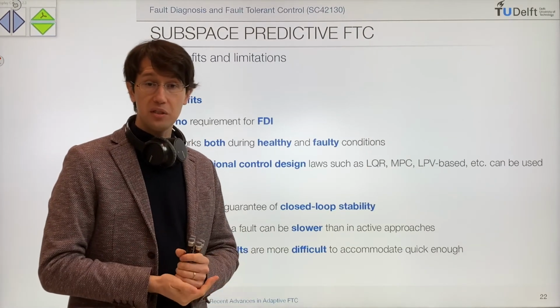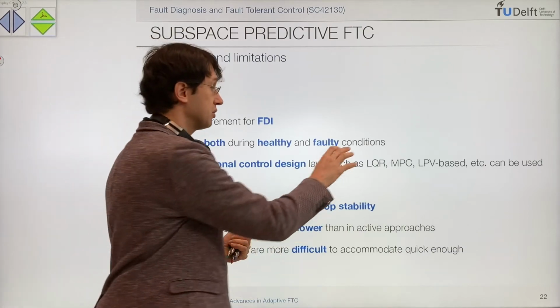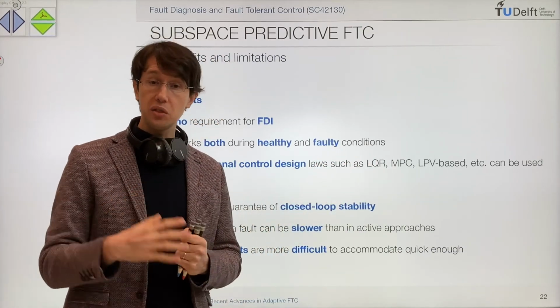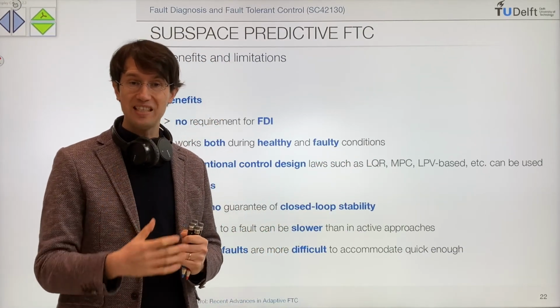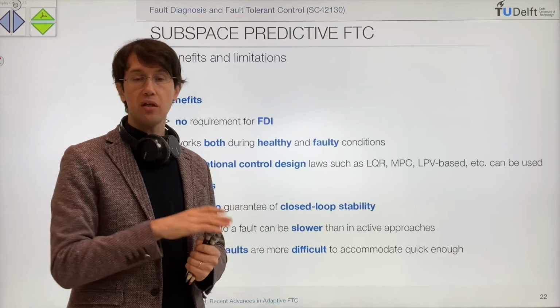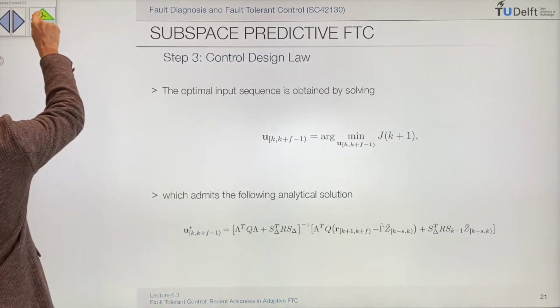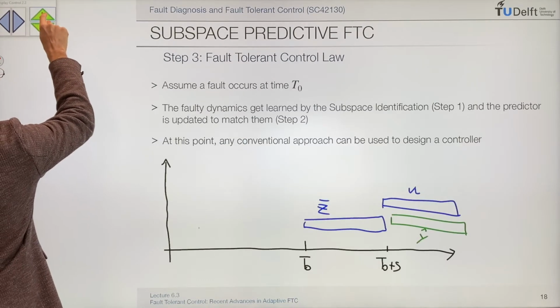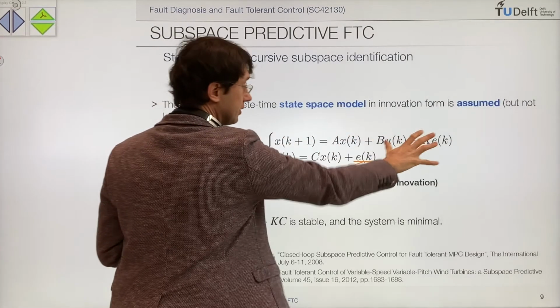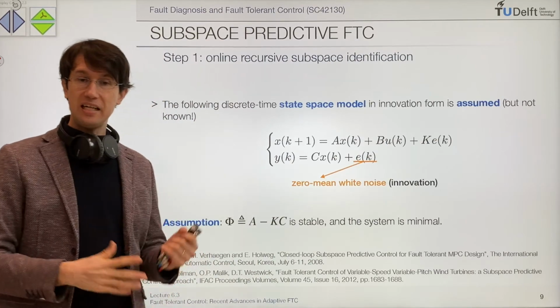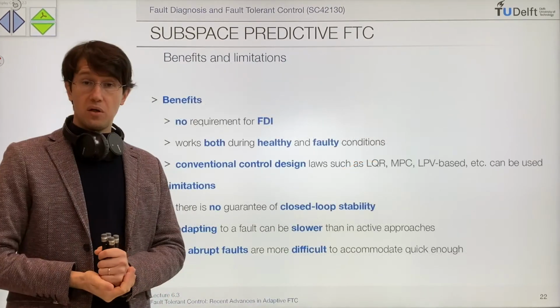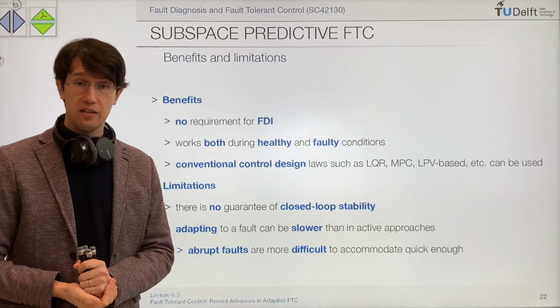The only thing that you need is a way for this control design law to be tuned based on that model that we learned. So if you have a control design law that can be used with a model in this form, then it is fine. So what are the limitations?